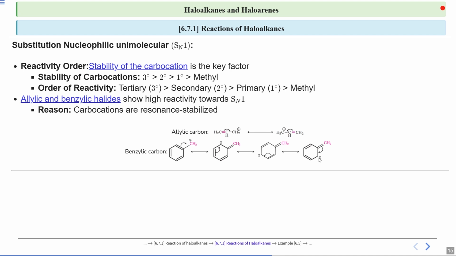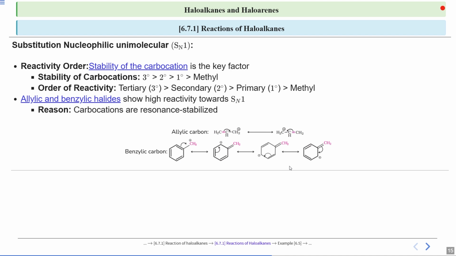The structure that comes after this last structure is the same structure present at the first position. So the charge is stabilized by the resonance.